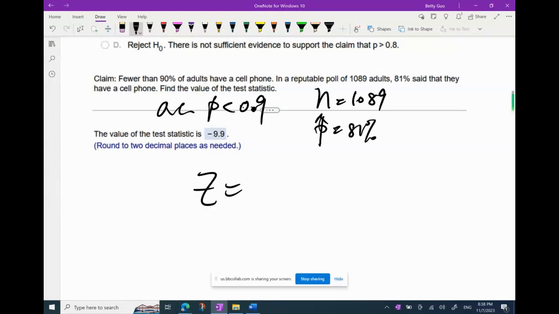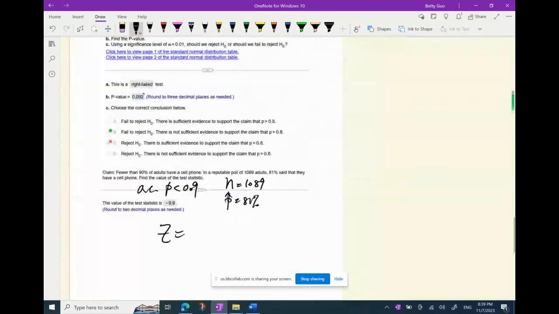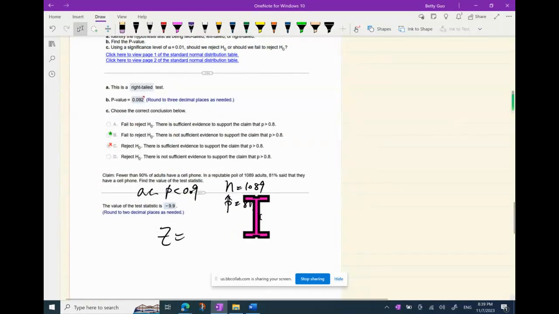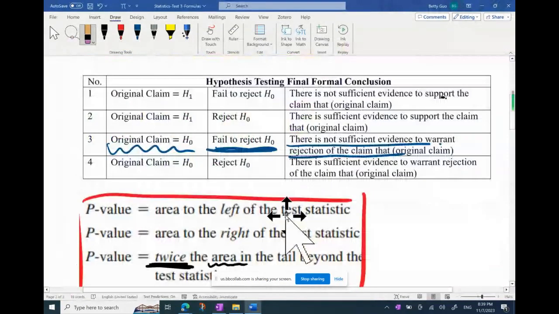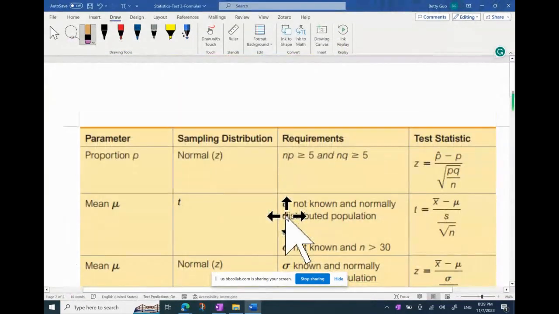So the test statistic Z is going to be... what is the formula? Do I have the formula pasted here? Oh, okay, got it.